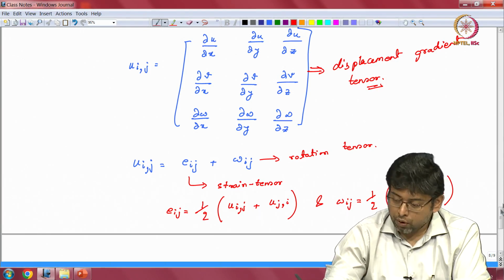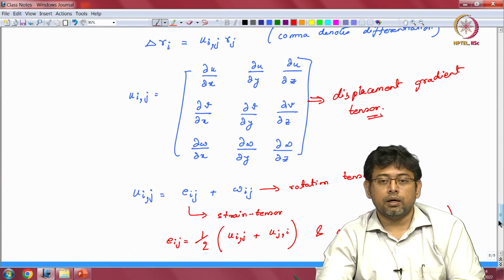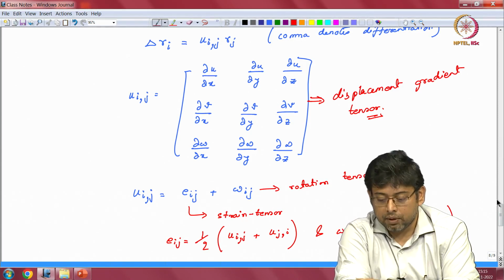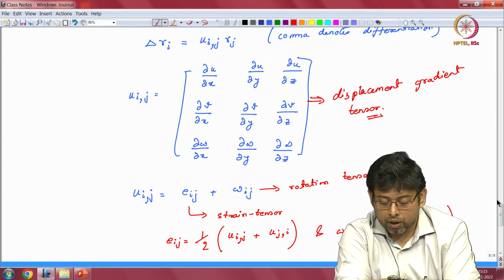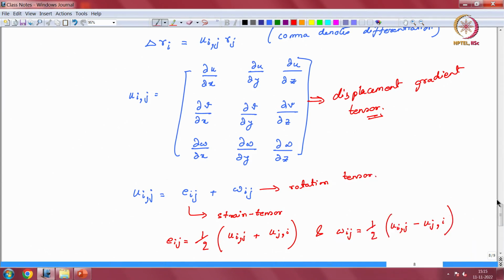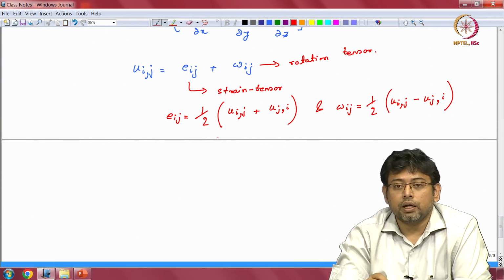So we had set out to understand deformation and how it is relevant in the sense of tensors, and here we have two tensors that are very important, the strain tensor and the rotation tensor. Now, in fluid mechanics, you do not see the strain tensor so much. In fact, what you do see is the strain rate tensor, which is nothing but the time rate of change. The strain tensor is something that you will see in solid mechanics quite a bit, because that is usually the required output.